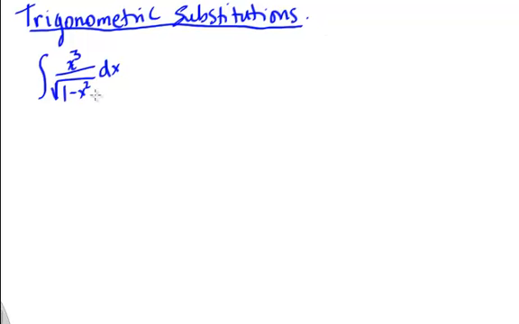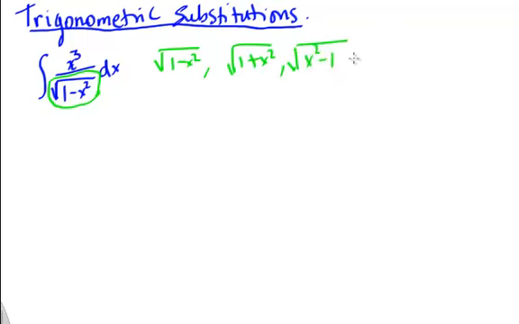So what makes those expressions different is the fact that they involve problems that look like 1 minus x squared, or something that looks like 1 plus x squared, or x squared minus 1, or even something that looks like 4 plus x squared.